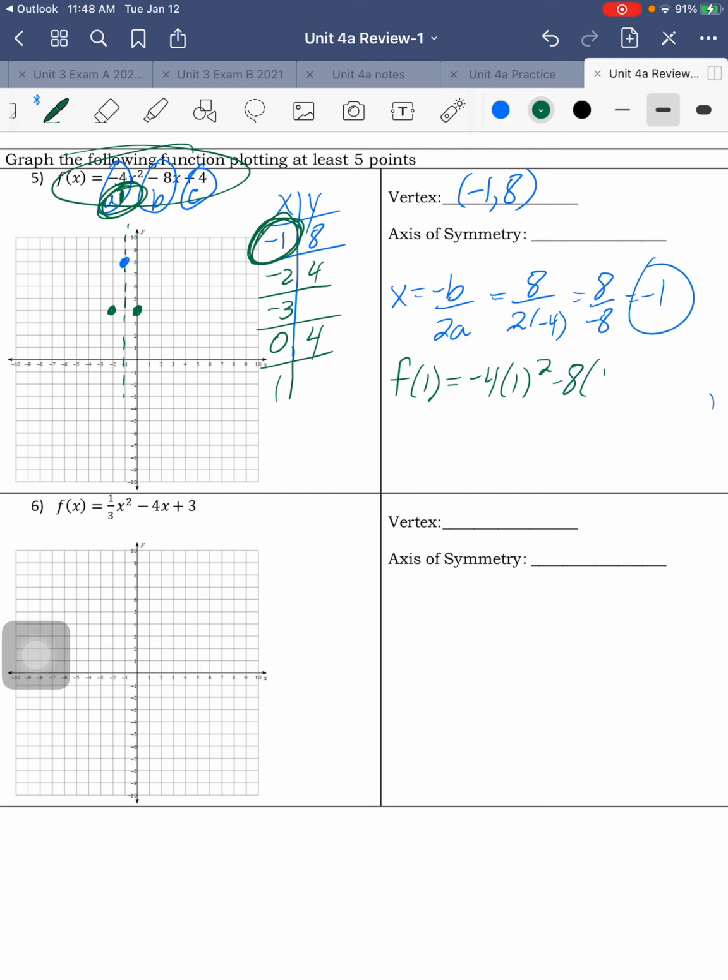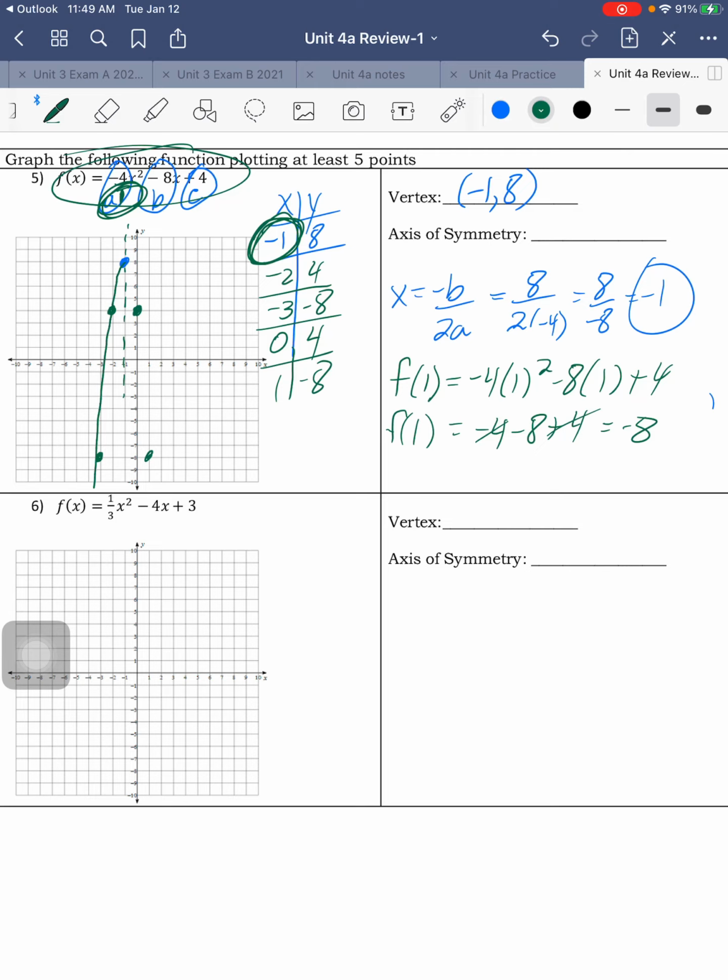-4 times 1 squared minus 8 times 1 plus 4. That's -4 minus 8 plus 4, which is -8. So 1, -8, and -3 also has to be -8. These points are lining up, so that's great. -3, -8.